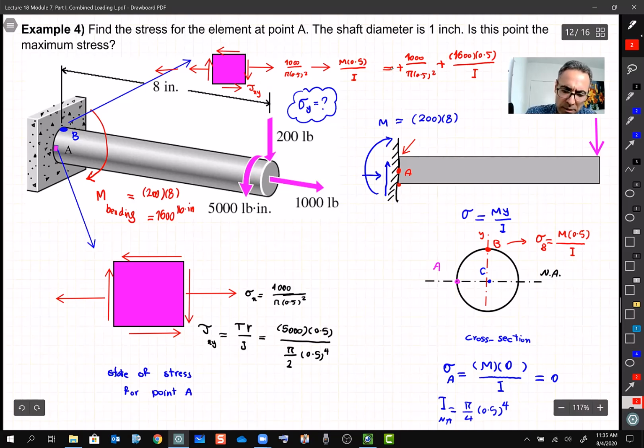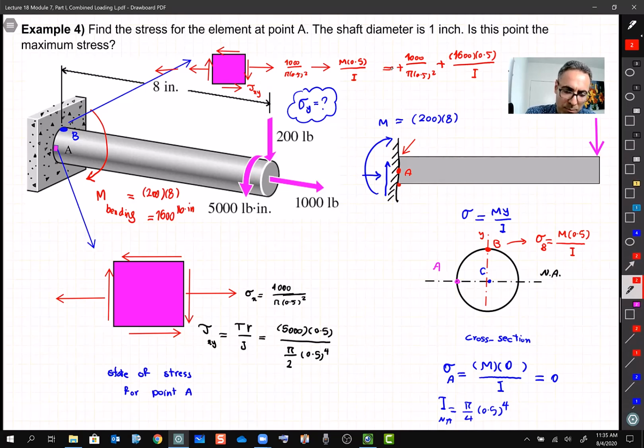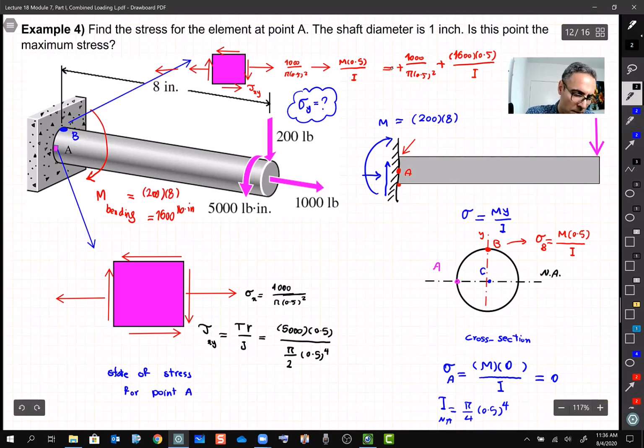Now, I want you guys to go and think about it later. For a stress element at point B, there is also point C, which is underneath here. Try to draw the stress element for this point.